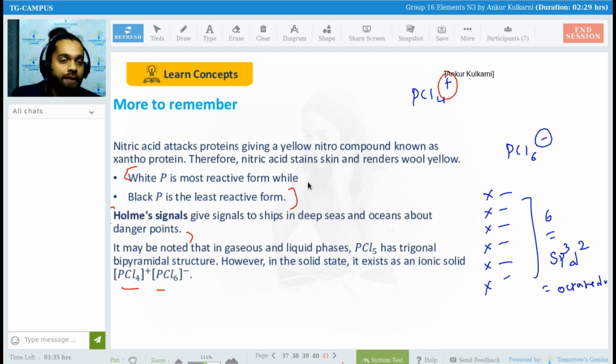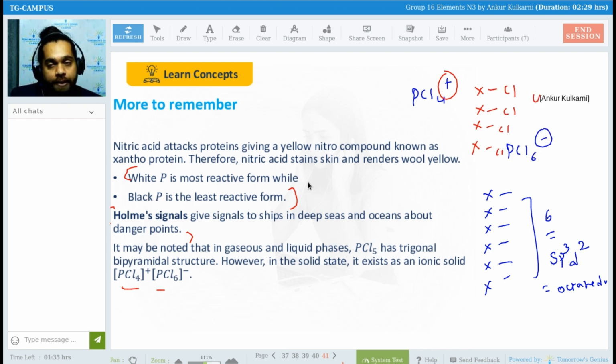It is plus, which means you have to remove one electron. That means instead of 5, we will have 4 electrons. So 1, 2, 3, 4, and 4 Cl. 4 means sp3. Total number is 4.